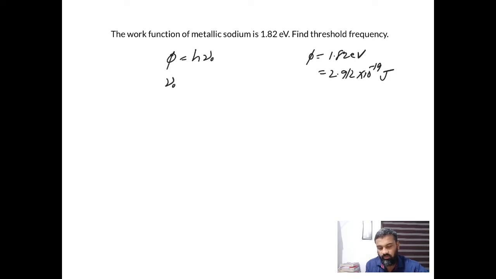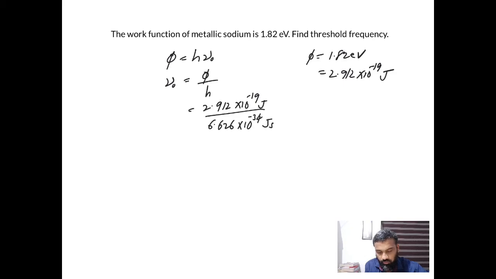So we need to find out the threshold frequency nu 0. Nu 0 can be obtained by dividing this work function with Planck's constant. So 2.912 into 10 raised to minus 19 divided by 6.626 into 10 raised to minus 34 joule second. So we'll be getting 0.439 into 10 raised to 15 second inverse.